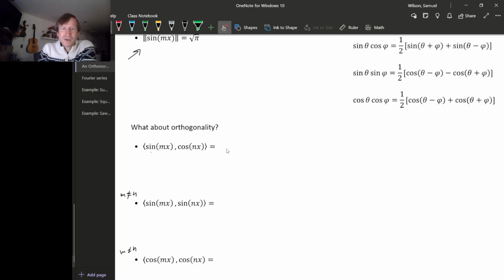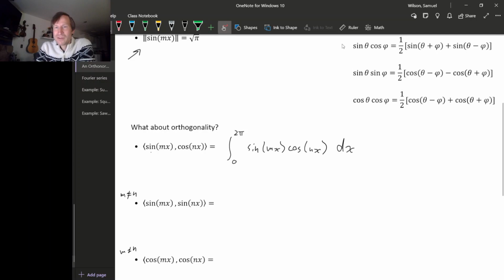And then for each of these, we have to work out this integral. So let's do at least one of these: the integral from 0 to 2 pi of sine of mx times cosine of nx dx. Now, since we have an integrand with trig functions, you might expect that we're going to have to do some trickery with trig identities, and indeed we will. There are these 3 product-to-sum identities that all come from the sum and difference formulas for sine and cosine.